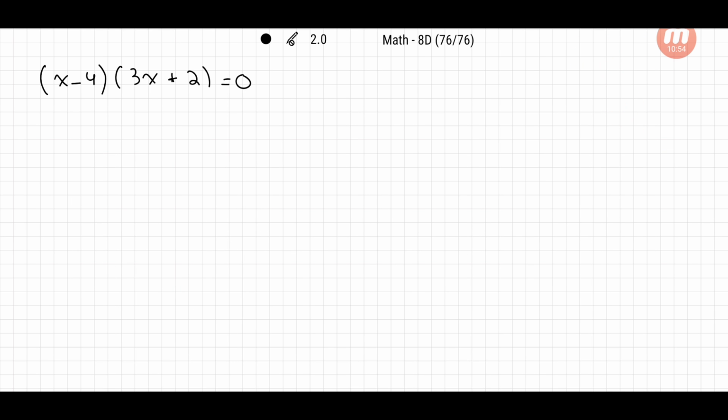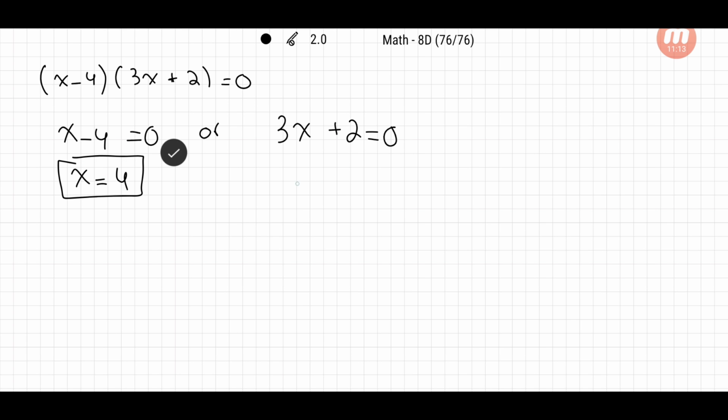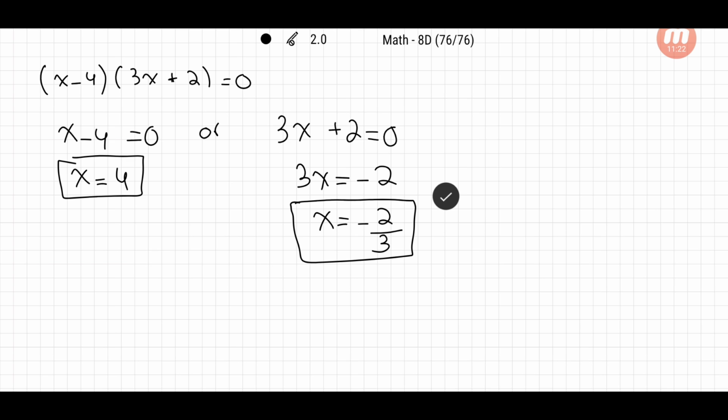So x minus 4 equals 0, or 3x plus 2 equals to 0. For the first one I have x equals to 4. For the second, 3x equals minus 2. X equals to minus 2 over 3, and I'm done.